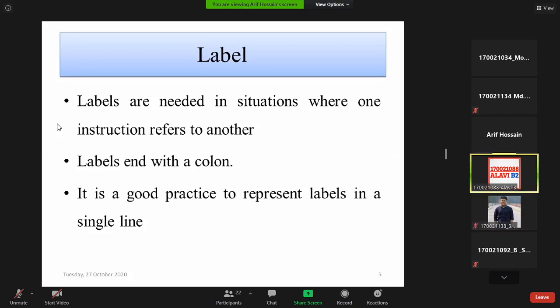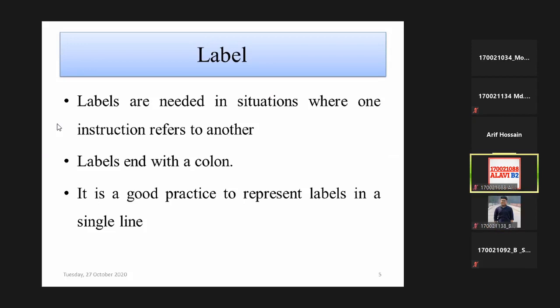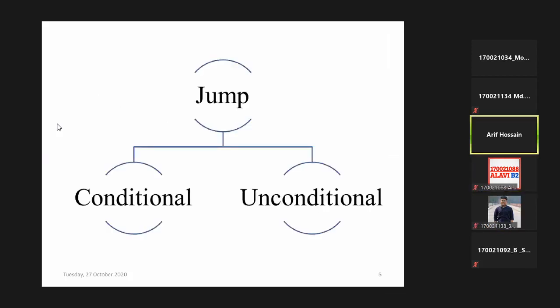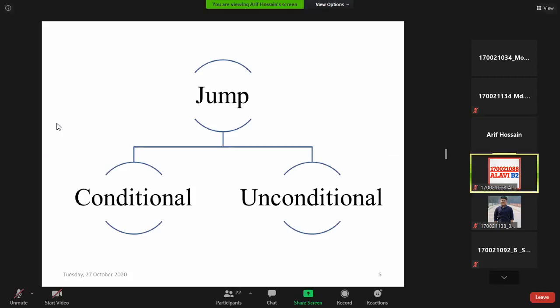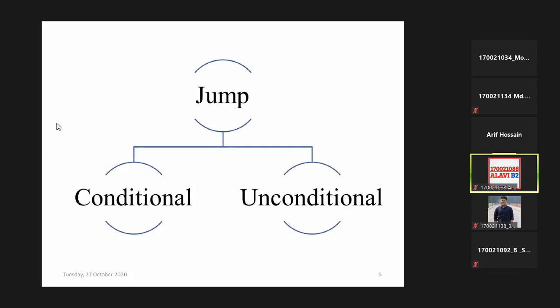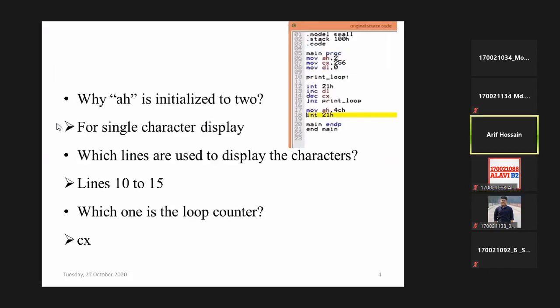Yes, sir. These are very simple. Nothing complicated. In today's lab, actually, there is nothing complicated. Sir, is a label the same thing as a name? No, names normally do not end with a colon. Labels will end with a colon. Like over here, main is a name, right, Robiul?